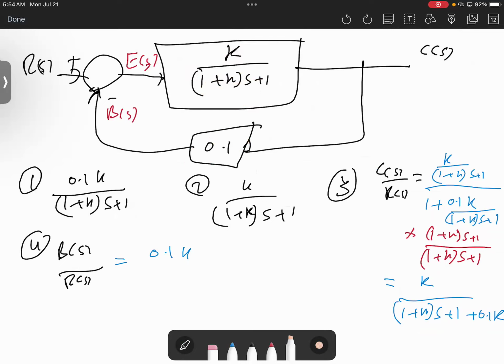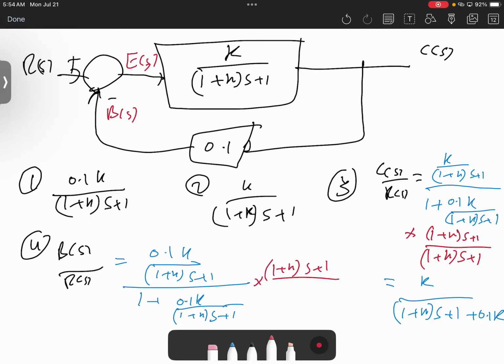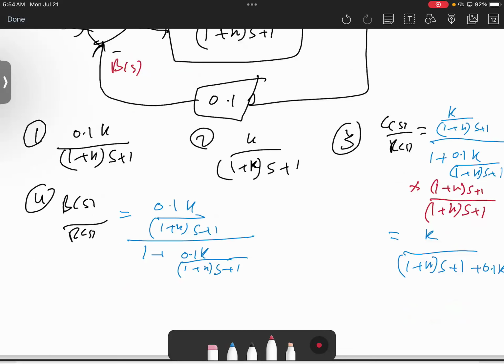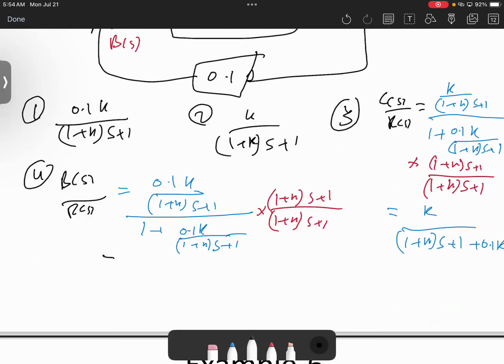So it will be 0.1 k divided by 1 plus k s plus 1, divided by 1 plus 0.1 k over 1 plus k s plus 1. So what we can do is 1 plus k s plus 1 divided by 1 plus k s plus 1. This yields the overall feedback transfer function to be 0.1 k divided by 1 plus k s plus 1 plus 0.1 k. Okay, this is number 4.